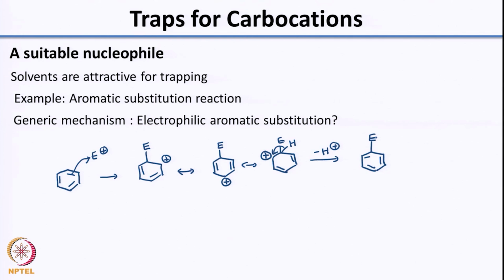Now you have studied that depending on the groups, for example, if you have aniline, this is highly activating at the ortho and para positions, and that is because you have a greater electron density at these positions.